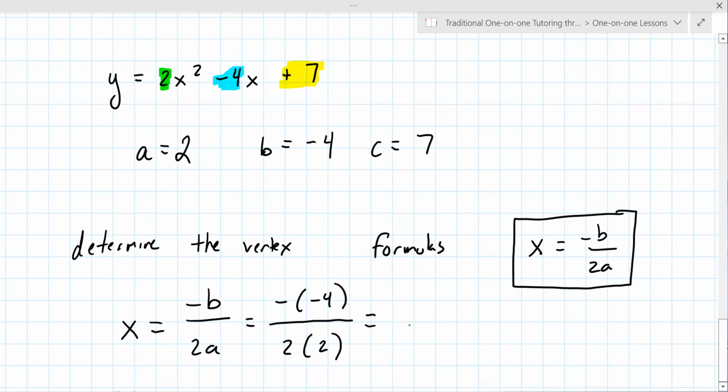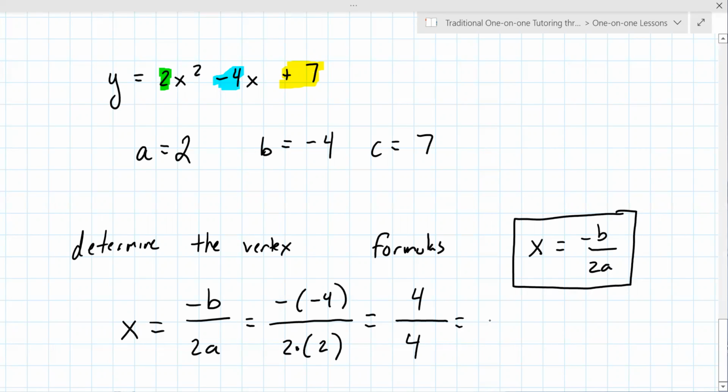Can you tell me what this simplifies to? Positive 4 on top, and how about on the bottom? 2. Try again, you're multiplying. 4. Okay, and what is 4 divided by 4?